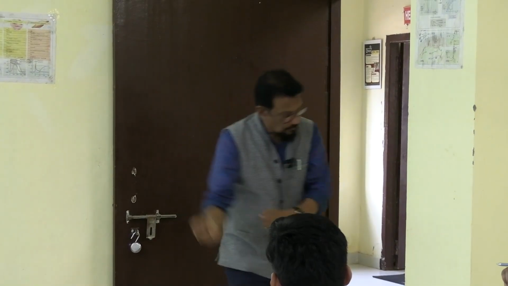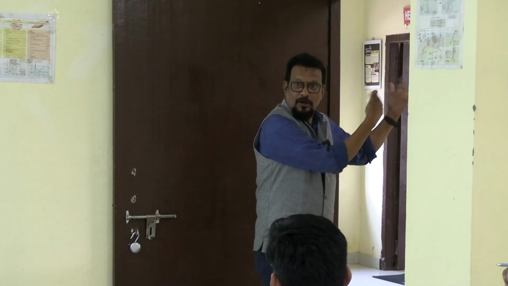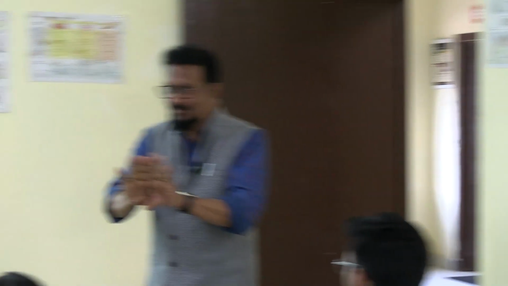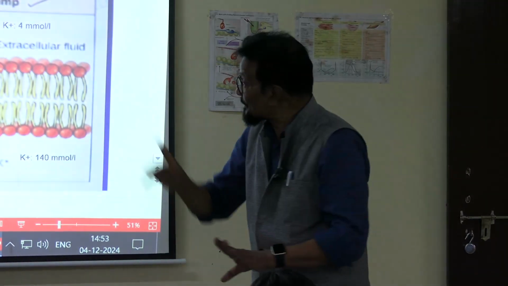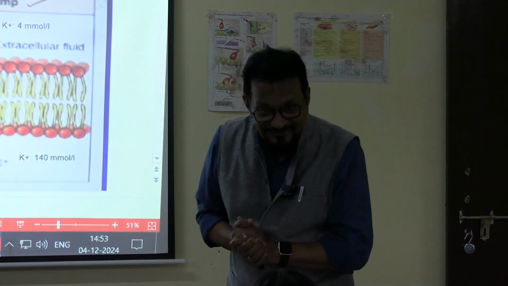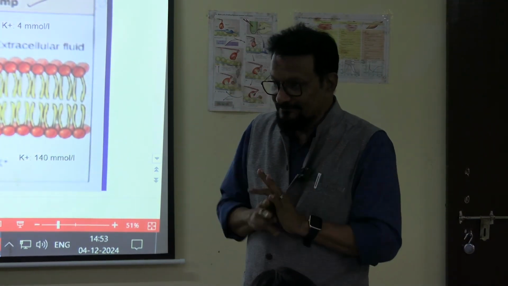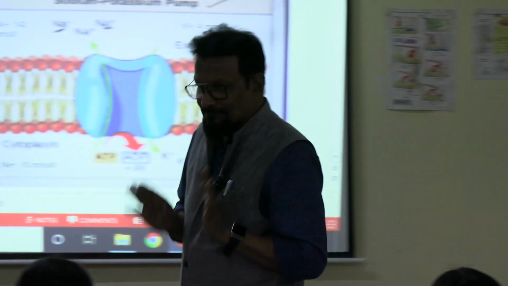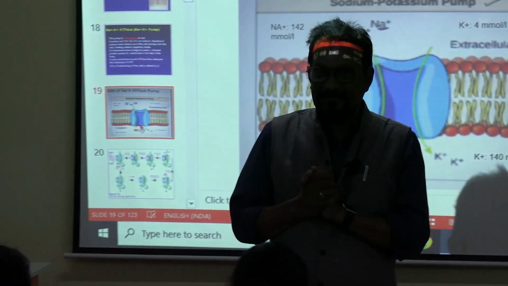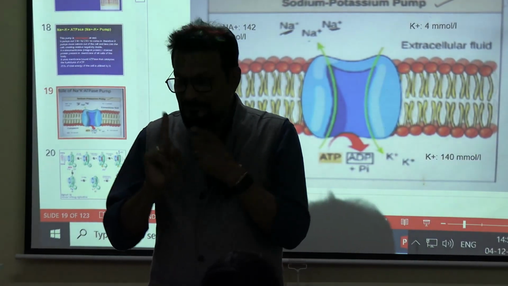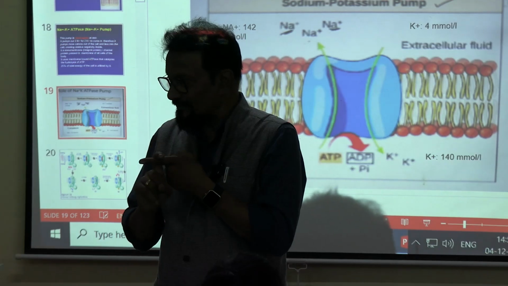Those that have entered go out, and those that have gone out come back. So again it is restoring the resting membrane potential. So its main function is restoring and maintaining the resting membrane potential. So these are the main functions.